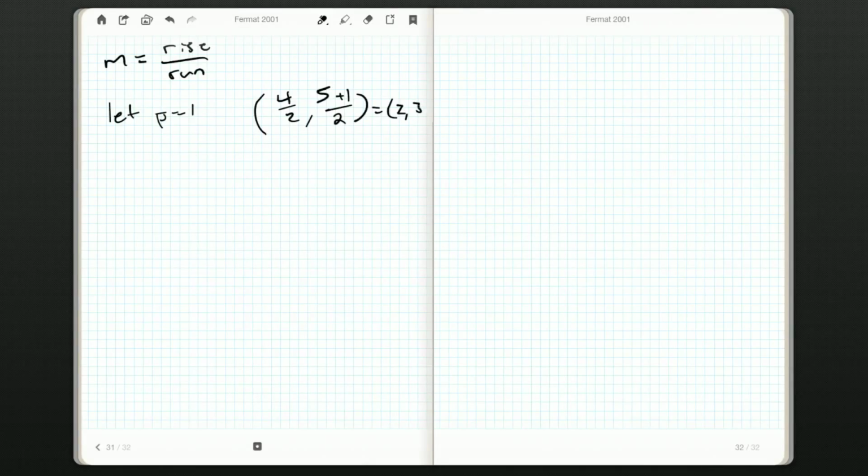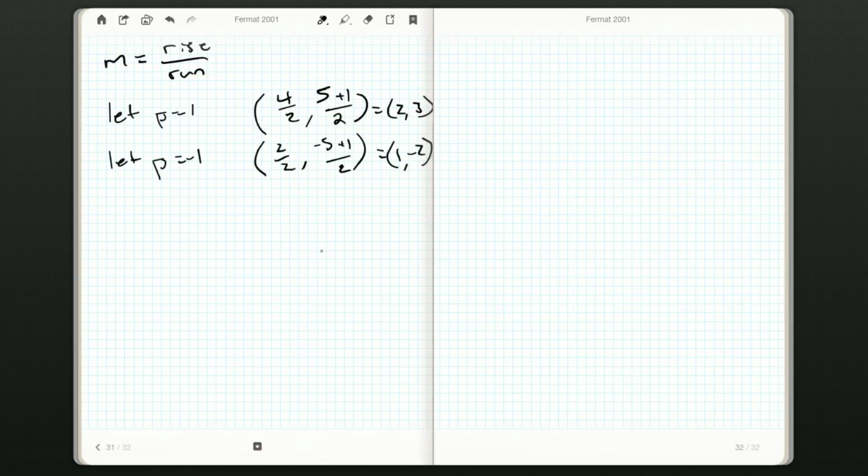So that's going to be 2, 3. So 2, 3 is on our midpoint line. And if we let p equal -1, we'll have 2 over 2 and (-5 plus 1) over 2. So that'll be 1 and -2.